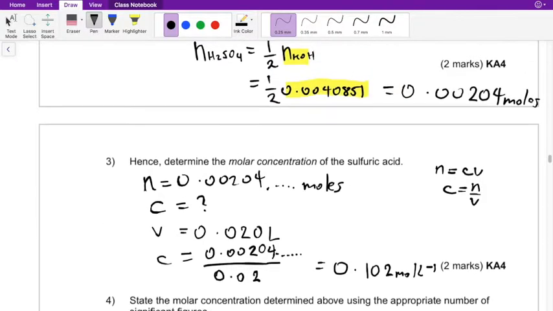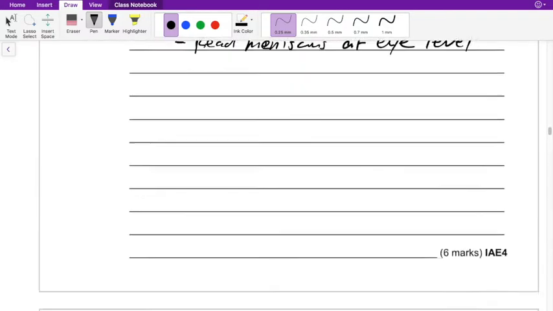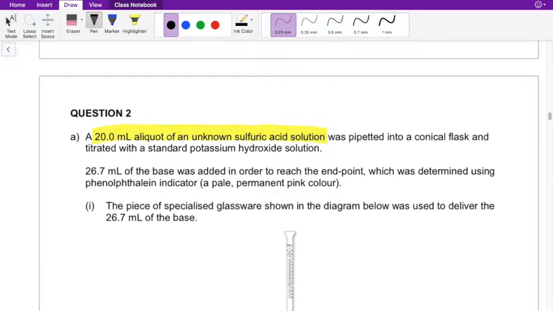State the molar concentration determined above using the appropriate amount of significant figures. So remembering that the appropriate amount of significant figures is using the least given to you. So scrolling back up and looking through our information, this number here is given to 3 significant figures because 2 is non-zero. The 0 at the end is significant because it is after the decimal place with a number to the left of it, and every number in between. So that's the 3.